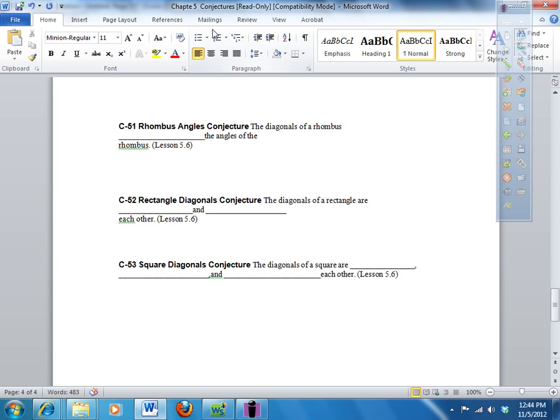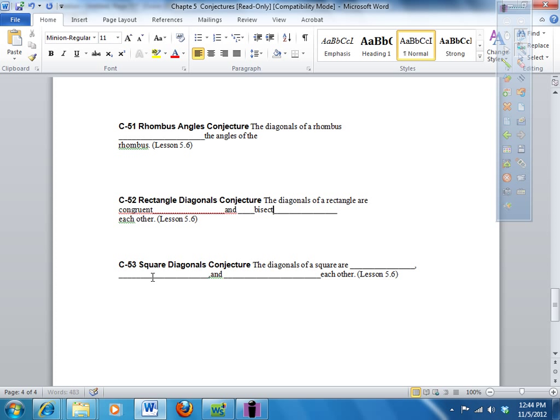We say congruent. This is fast because I'm a good typer. Okay? Congruent, right? And going over to the next thing, and they do what? They bisect each other. And that's that one.